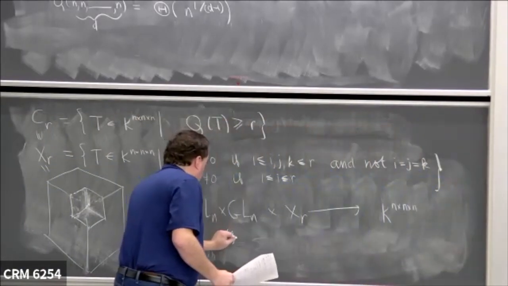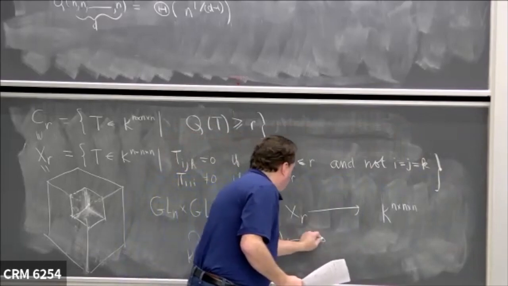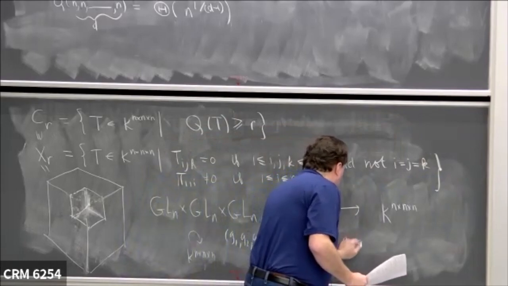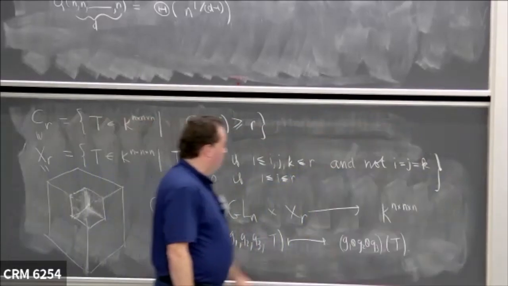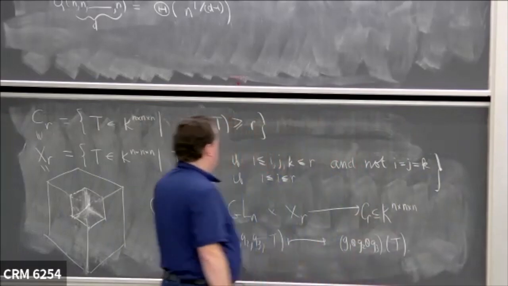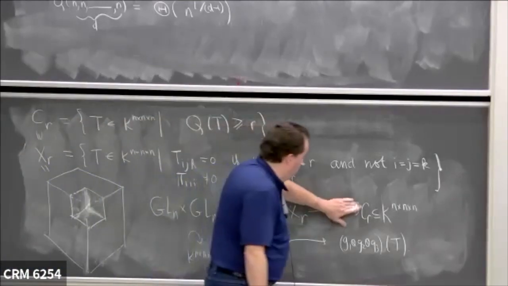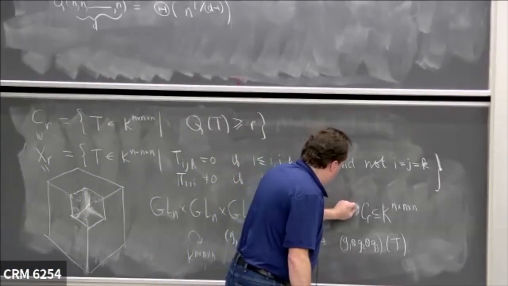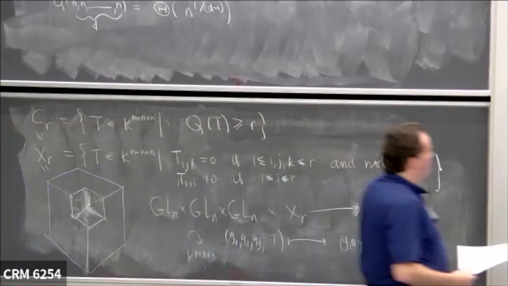Basically (g1, g2, g3, T) goes to (g1 ⊗ g2 ⊗ g3) applied to T. In fact, the image is actually contained in C_R. And actually, if you look at it, it's almost like the definition, right? It actually goes onto C_R.